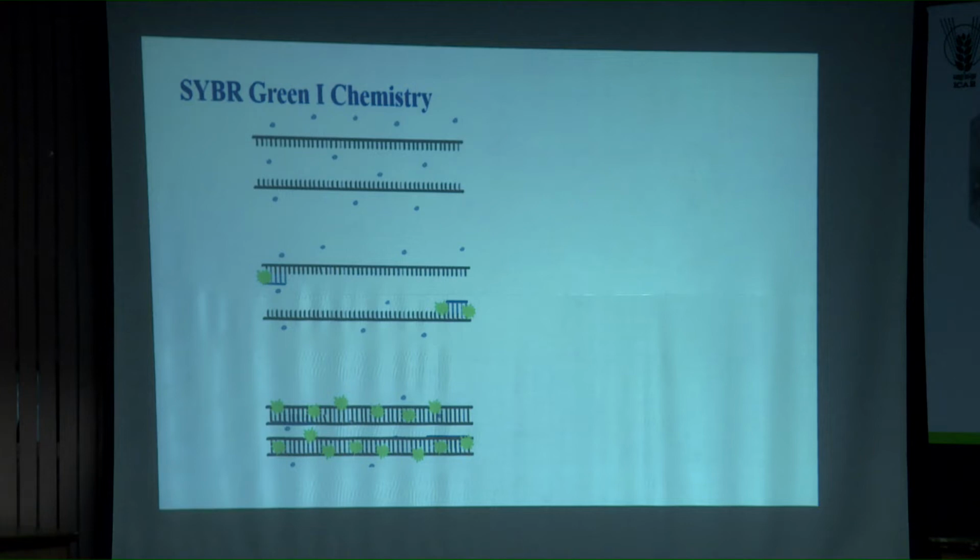In the first cycle, what happens? Any idea? What would be the status of this SYBR Green? The free SYBR Green will go and bind to the newly formed double-stranded DNAs. Is it clear to all of you? Right? So the free SYBR Green is getting depleted. Second cycle, 2 become 4. Now what happens? The freely floating SYBR Green is going to bind with the newly formed double-stranded DNA.